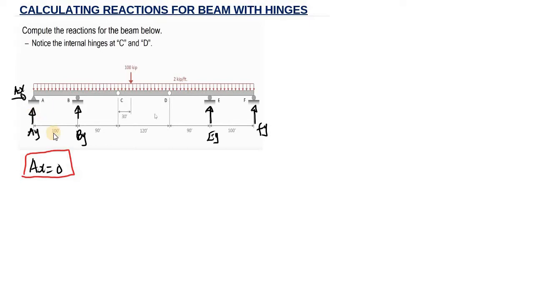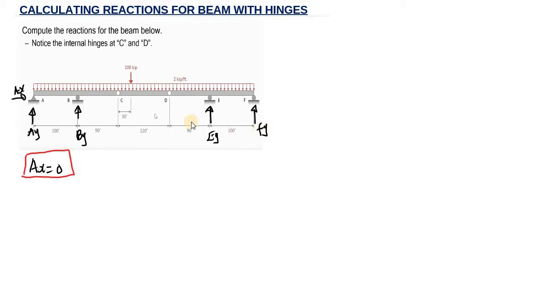Now, how can we calculate the support reactions? We have a distributed load of 2 kip per foot applied on this beam. If we try to use summation of moments at any point, or say all the vertical forces acting upward are 0, we won't be able to calculate these forces because there are too many: we have AY, BY, EY, and FY.